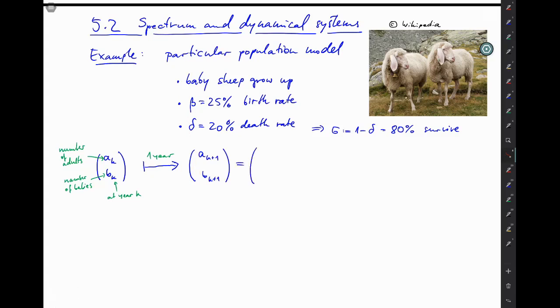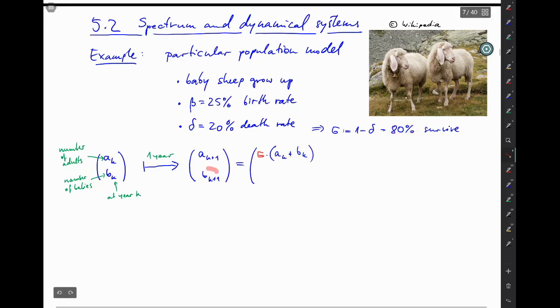If your adults didn't die, then you will keep them, and the ones that were babies the year before are now also adults. So that would be your new number of adults in year k plus 1 if no one died. But now you have to multiply that by 80% because 20% will die.